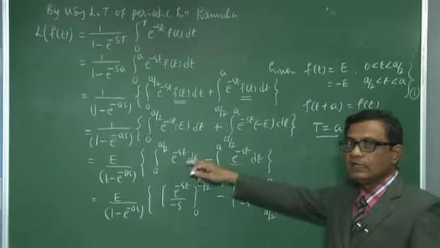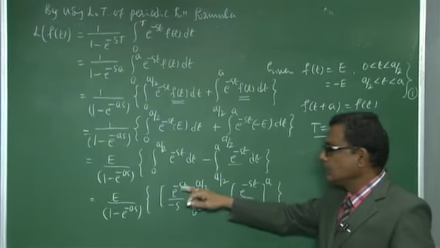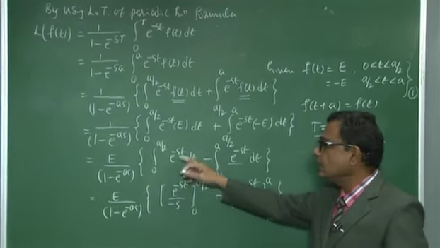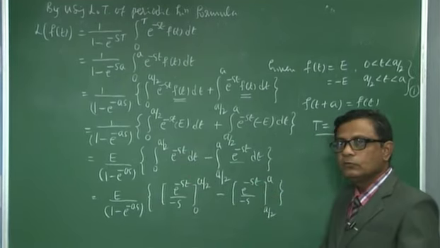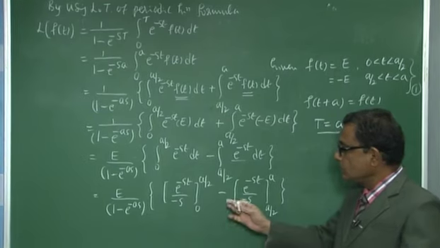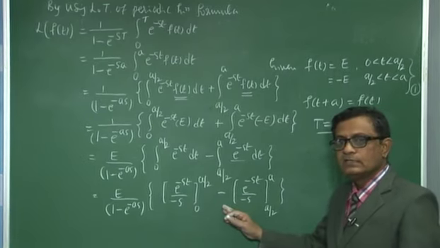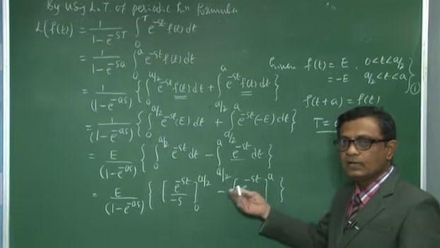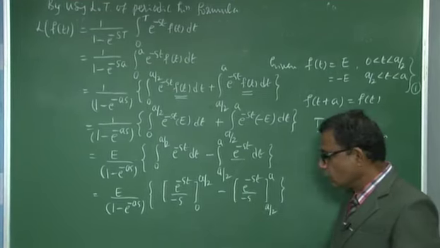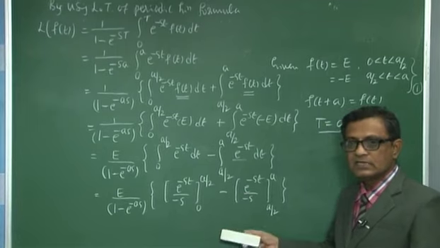Integration of e raised to ax dx is e raised to ax by a, here a is minus s. Integration is with respect to t only. Now we can easily simplify, just substituting upper limit minus lower limit and simplifying.